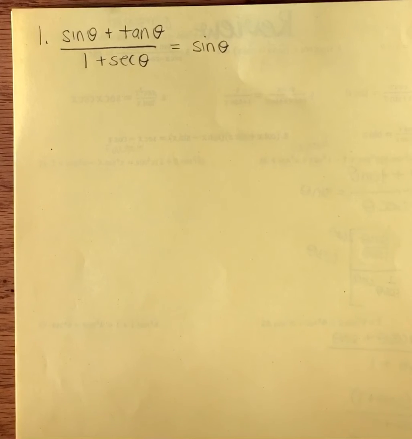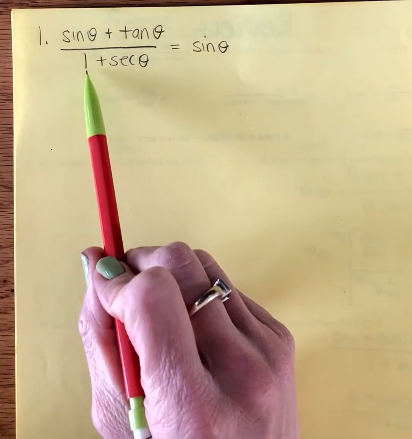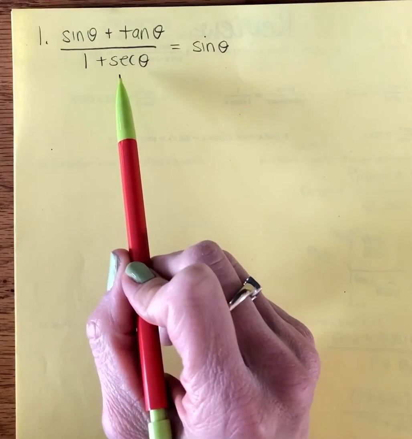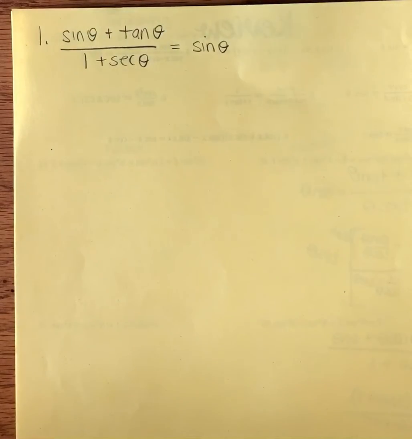And the reason I'm pointing this out is because if you did decide to rewrite the denominator as secant plus 1, switch them around, and then multiply the numerator and the denominator by secant minus 1 to get your secant squared minus 1 in the denominator, I think you're going to end up getting yourself into a lot of trouble, and it's going to be a lot of tough algebra to try to get yourself out of it, which is why in this problem, I would change them all to sines and cosines.